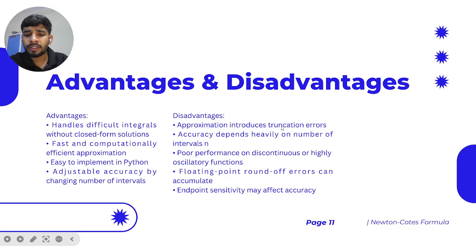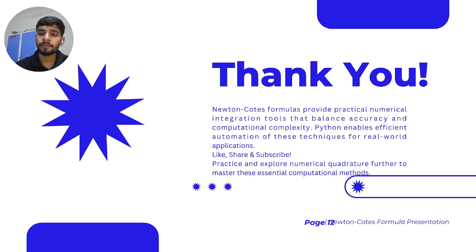Disadvantages: approximation introduces truncation errors, accuracy depends heavily on the number of intervals, performance is poor on discontinuous or highly oscillatory functions, floating-point round-off errors can accumulate, and endpoint sensitivity may affect accuracy. These are some advantages and disadvantages of the methods we have learned.